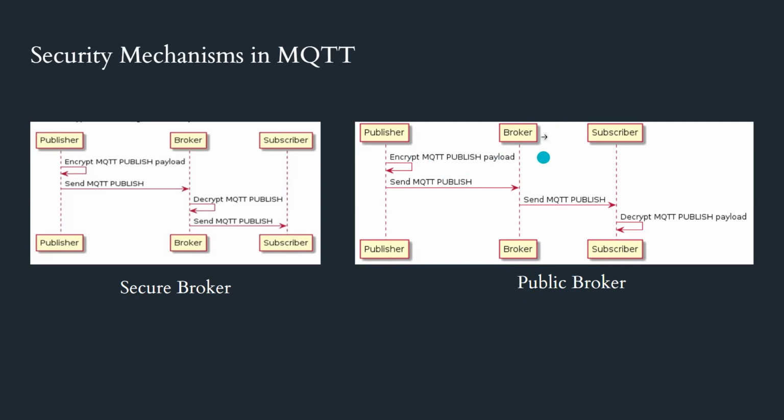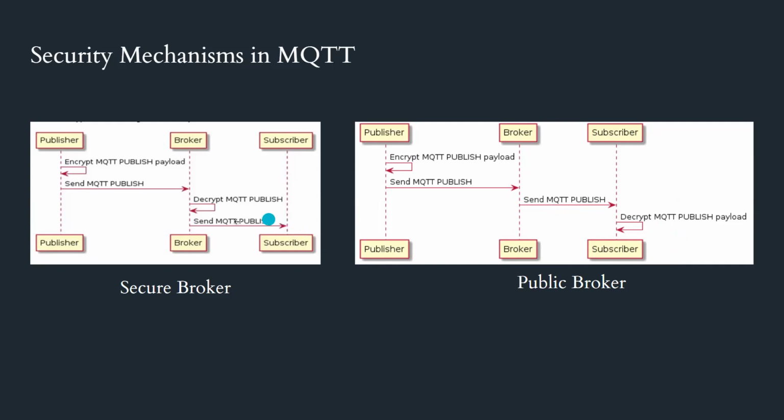So the broker directly sends the encrypted data it receives to the subscribing device. The subscribing device has the information to decrypt the data, and the subscriber therefore uses that to decrypt the message. So in this situation, only the subscriber can decrypt the message.